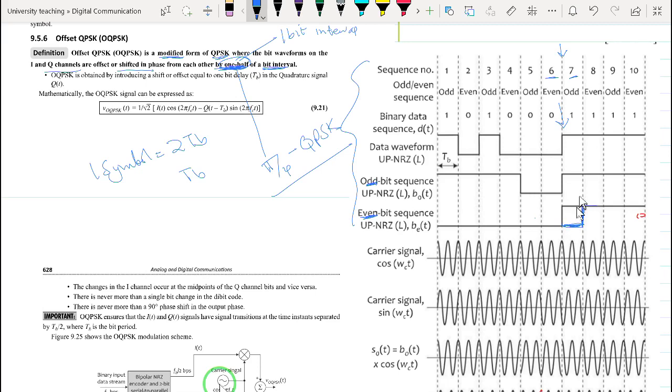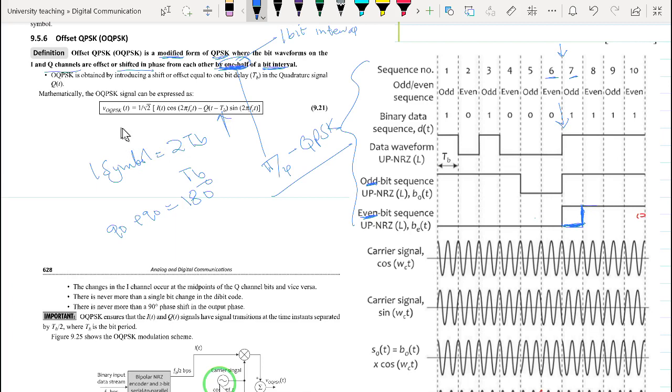There is a disadvantage of QPSK, which is the transitions happening at the same time. The total phase shift is equivalent to 90 degrees plus 90 degrees, that is 180 degrees phase shift. That's a very huge transition, but with the OQPSK, we limit the magnitude of phase shift to a maximum of 90 degrees because we are saying that the Q channel is delayed by 1 TB.